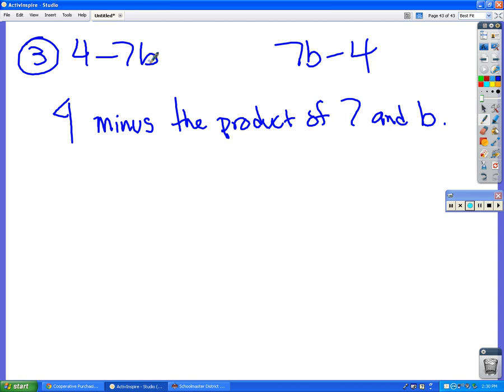And then 4 minus 7 is negative 3, right? And if I put in 1 here, 7 times 1 is 7, but 7 minus 4 is positive 3. So this one would give me negative 3, this one would give me positive 3. So they're a little bit different. So you have to be careful with both subtraction and division because the order that you do them in matters. Okay?